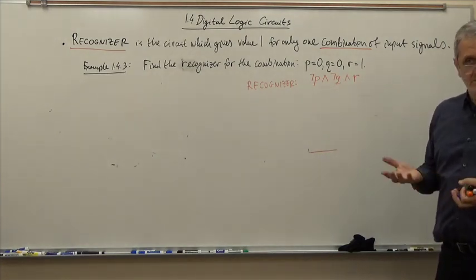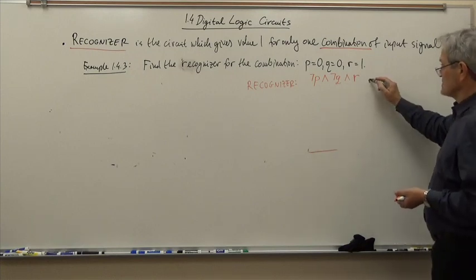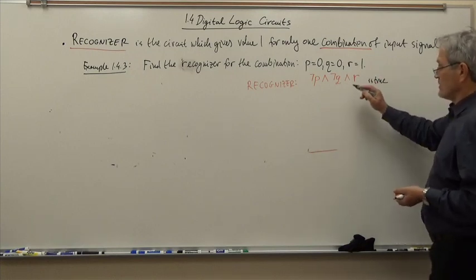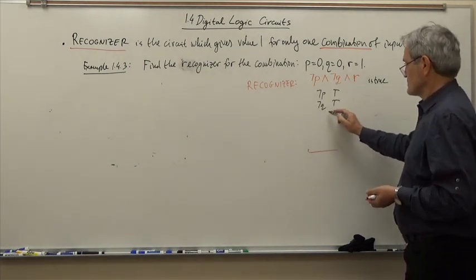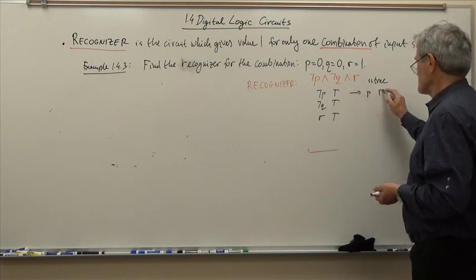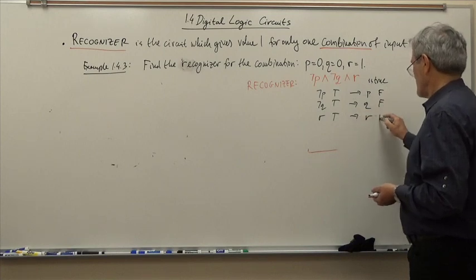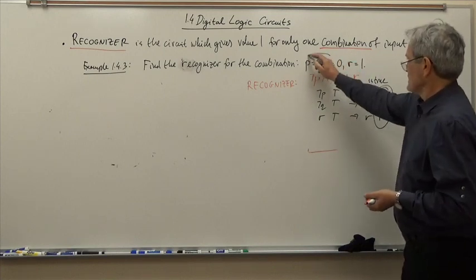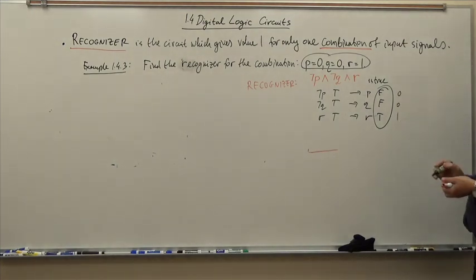Why is that doing what we promised to do? When is this true? Obviously it's true if and only if not P is true, not Q is true, R is true. But not P being true means P is false, Q is false, and R is true, which is exactly 0, 0, 1.